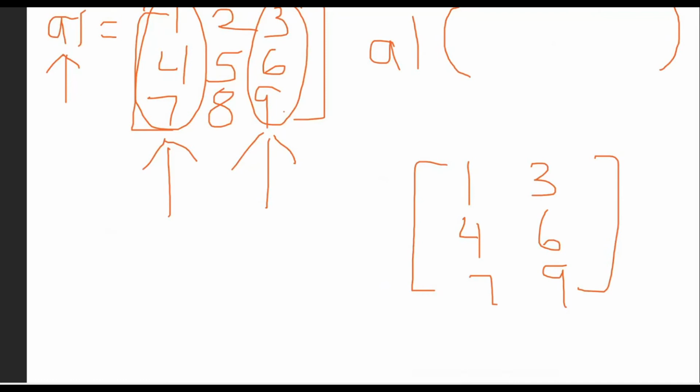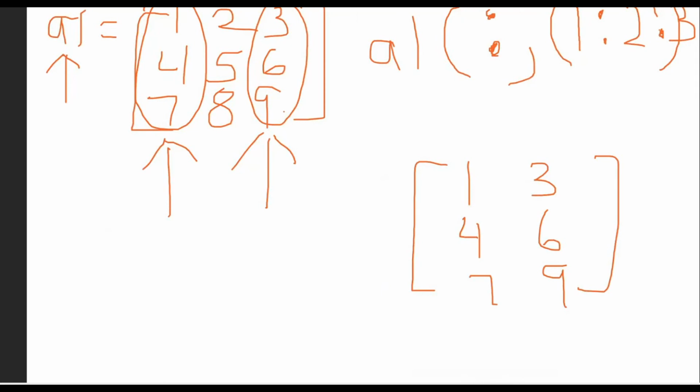But we only want the first and third column. There are two ways to do this. I'm going to do it the kind of cool way. You can use colon notation inside, where you begin in the first column, we're going to skip 2, and end at the third column.